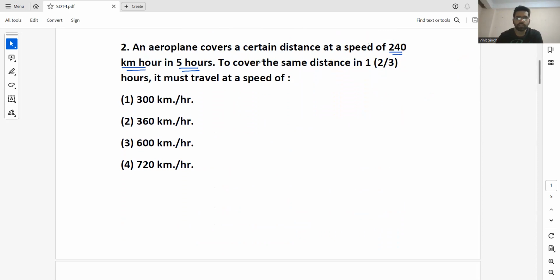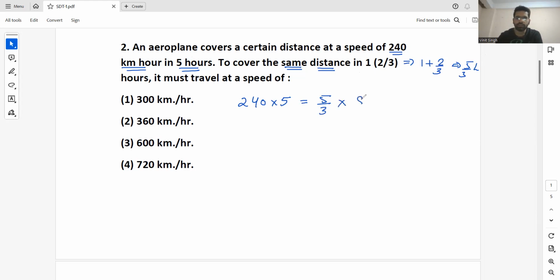Now here, distance is constant in both conditions. So we know that distance is equal to speed into time. Speed is given 240. Time is given 5. But this distance is covered in 1, 2 by 3 hours, means 1 plus 2 by 3, which is equal to 5 by 3 hours.